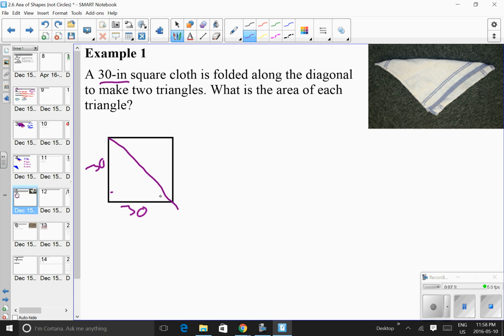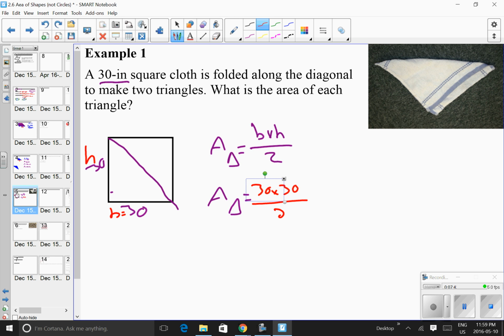To figure out the area of a triangle, I'm going to use base times height, then divide by 2. So for this particular triangle, my base is 30, and my height is also 30. So I'm going to have 30 times 30, then divide by 2.